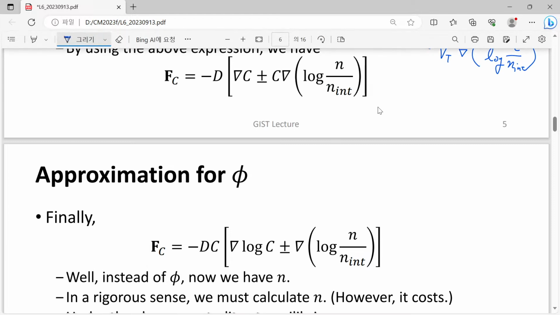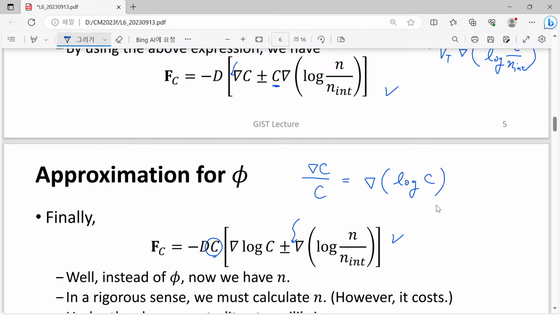What is the difference between this form and that form? Yes, I just take the shared one, C. So now here you have C. Now you don't have C here, but since it doesn't have C here, so now we have to have terms like gradient of C divided by C. You know that this can be well written as gradient of log C. So are you with me?